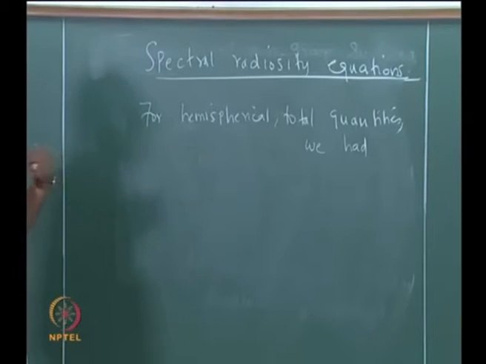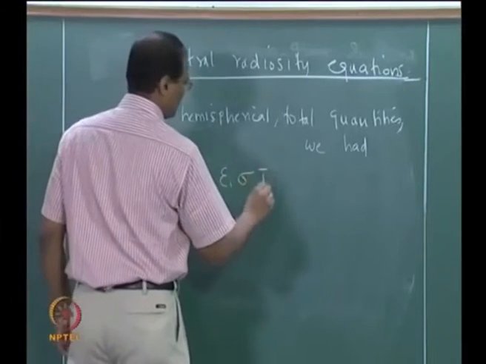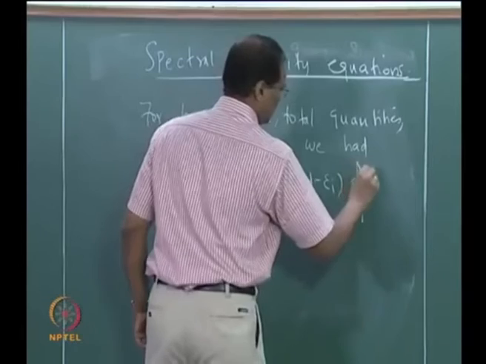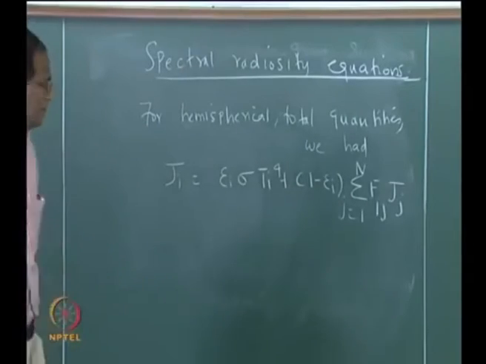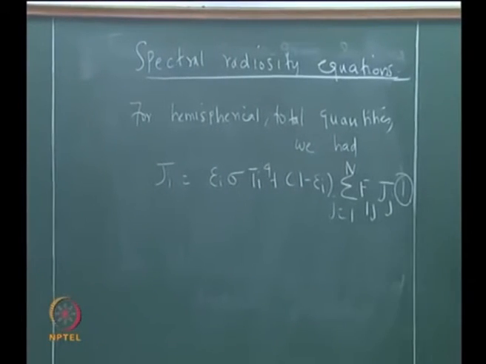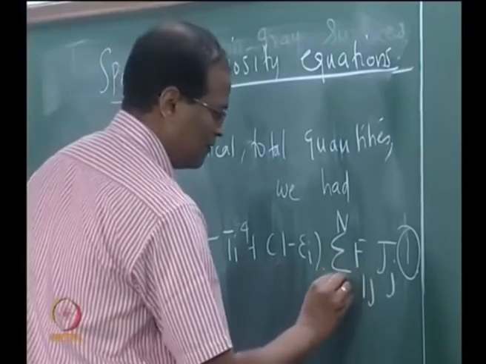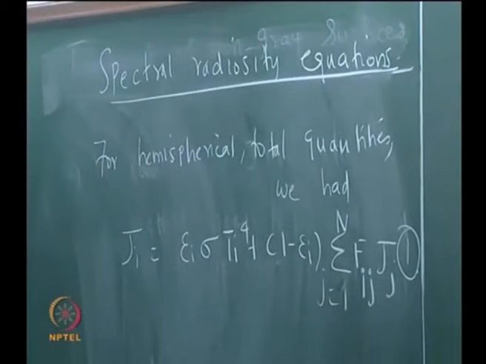We will first write whatever we are familiar with, and then we will write Ji equal to epsilon i sigma Ti to the power of 4 plus 1 minus epsilon i, into the summation of view factor times Jj. We know this. Okay. Now the spectral radiosity formulation, watch this very carefully.